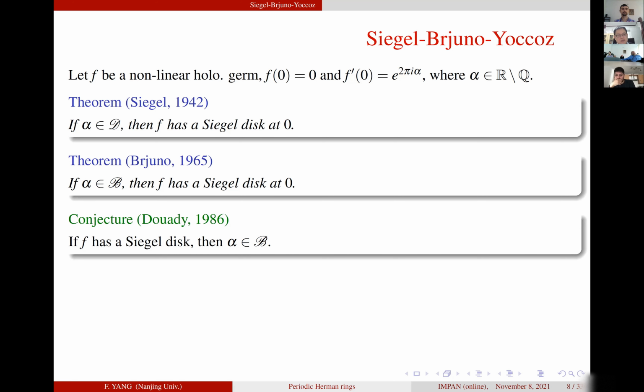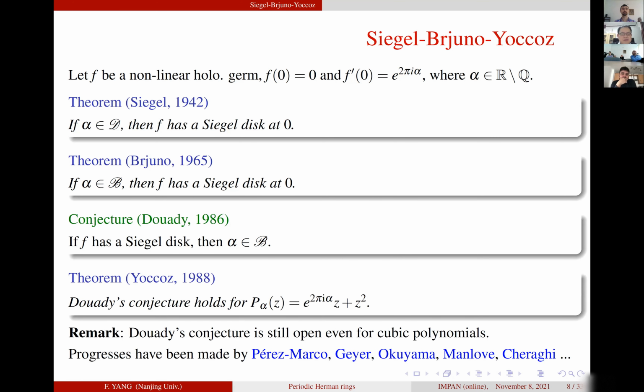The original statement of this conjecture is for rational maps, but I think it can be stated for more general holomorphic functions. In the later 1980s, Yoccoz proved that this conjecture holds for quadratic polynomials.